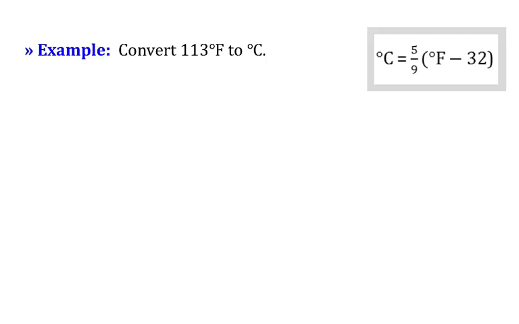So, if we're asked to convert Fahrenheit to Celsius, I've referenced the conversion formula we saw on a previous page. Here I'm asked to convert 113 degrees Fahrenheit to Celsius. So the temperature in degrees Celsius will be equal to 5/9 times the given temperature in degrees Fahrenheit.